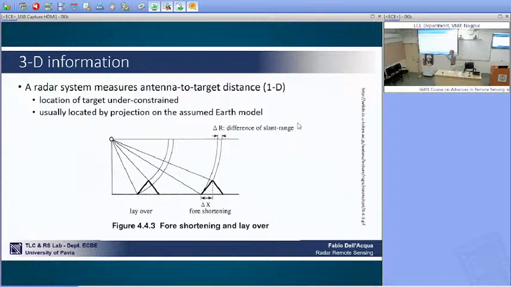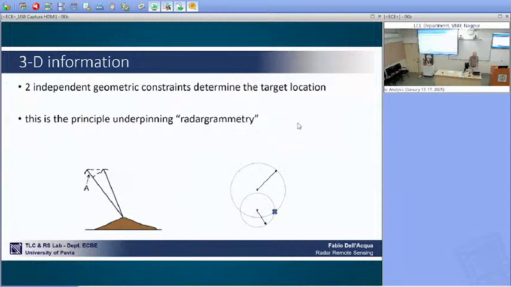Because every time you get a radar data set, you also get a set of distances between the satellite and the specific location. So this suggests that if you have two viewpoints on the same object, like, for example, two consecutive orbits of the satellite. The satellite passes approximately on the same place, but not exactly on the same place.